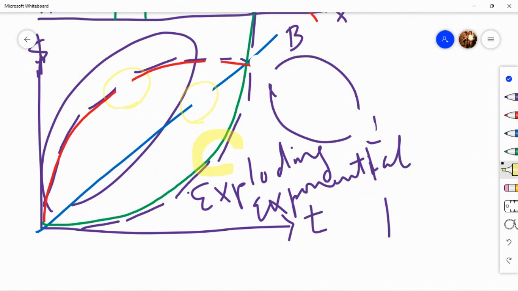Only this one is exponential, right? But the rest of them are not exponential. They just want to use the word, right? By using that word exponential, they think they know something, but actually they don't, right?